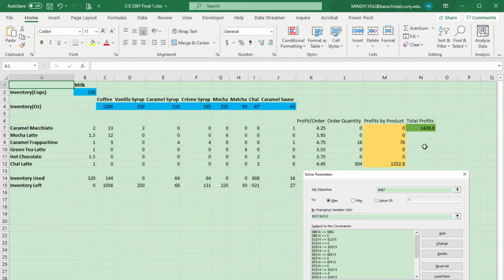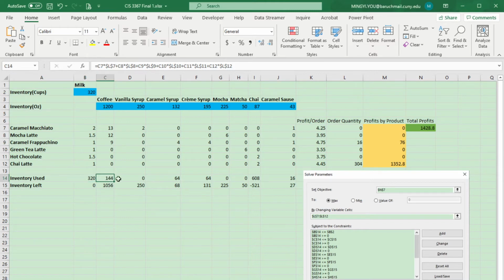Before we start the solver analysis, we need to establish some functions. Calculation of inventory used is a summation of the same ingredient used in each product times the amount of orders, and the entire row 14 works in the same manner.